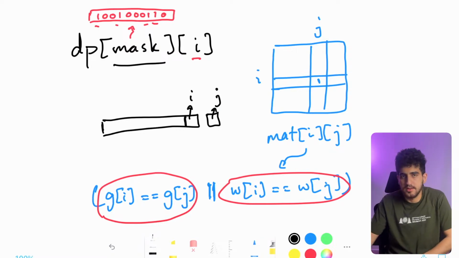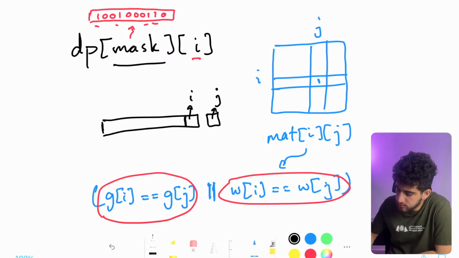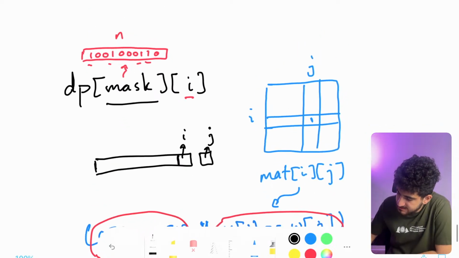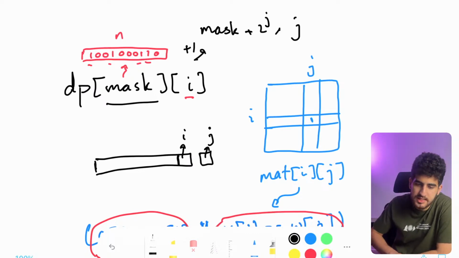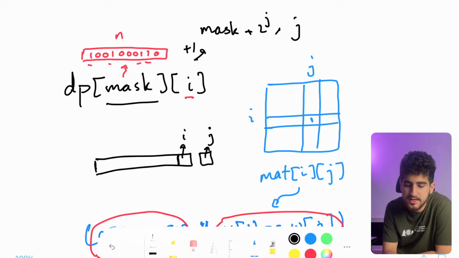If J was okay with I, then I can go to dp of mask plus 2 to the power of J. I'm assuming that J was not in my mask. And I'm adding one more song here, so that dp will be added. I mean, my new playlist is going to have one more song this way.